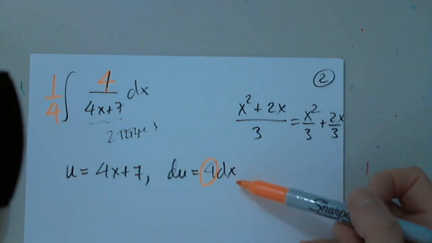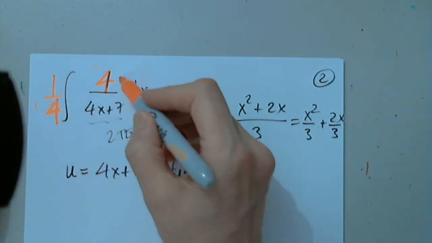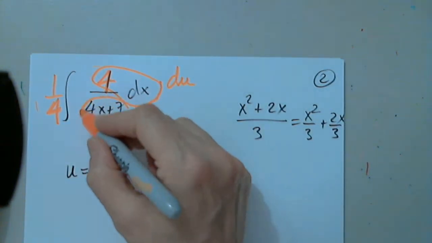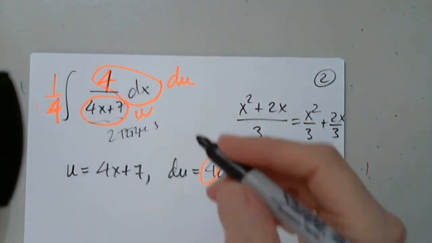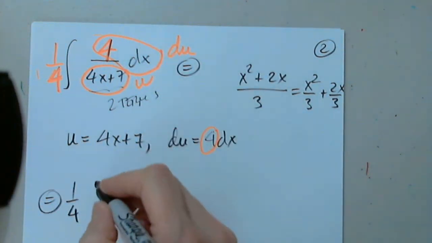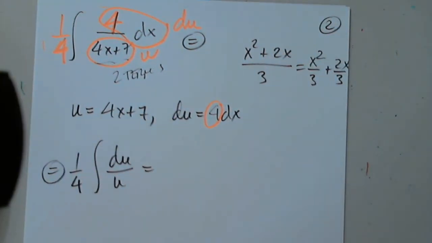But this is just a number. I can multiply by 4 and divide by 4. This is 1. I didn't change the problem, but now this is the du and this is the u. So therefore, from here, we have 1/4 du over u. Perfect. Now what do we do next?